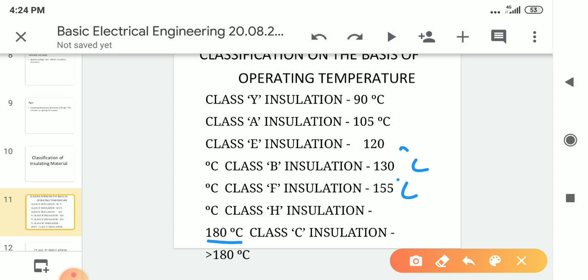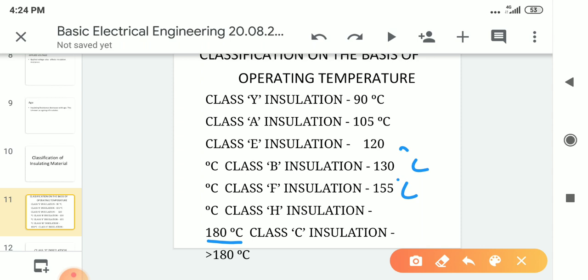Composite materials of mica, fiberglass, asbestos with suitable bonding substance such as appropriate silicone resin are examples for this. The last is class C insulation material. It is above 180 degrees centigrade.